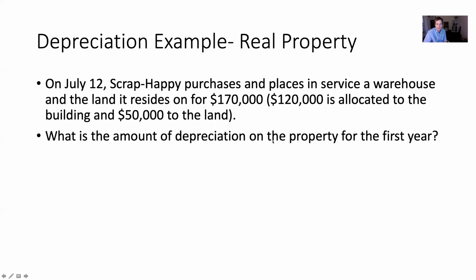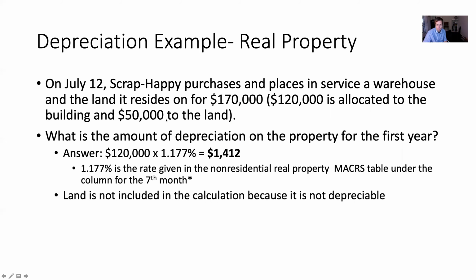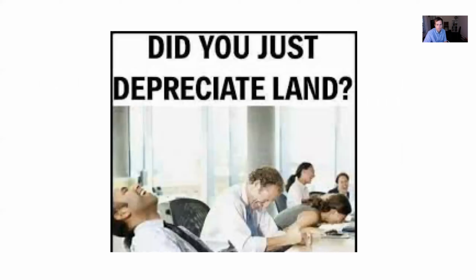So I'll take that percentage times the original basis of the building, 0.01177 times $120,000, gives me a deduction of $1,412 for year one. Notice we just used the original basis of the building. We left out the land. Land is not depreciable. They'll make fun of you big time down at the firm if you try to depreciate land.